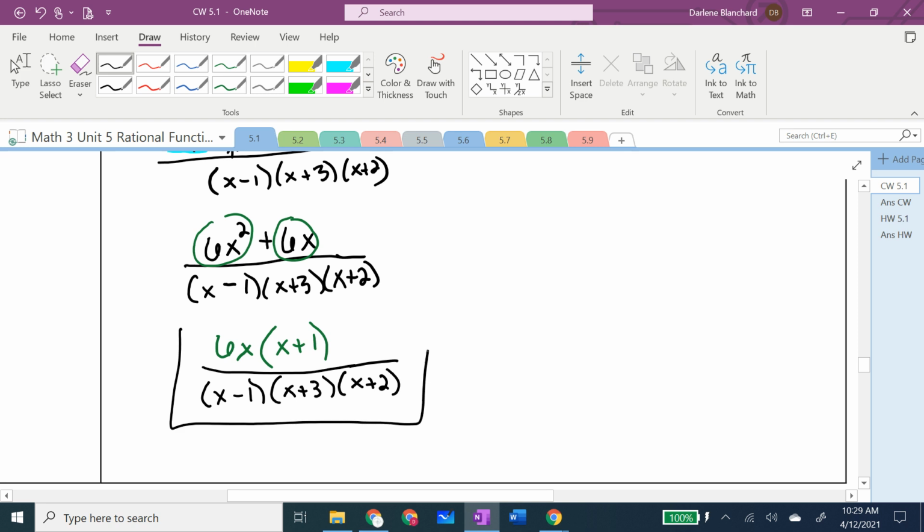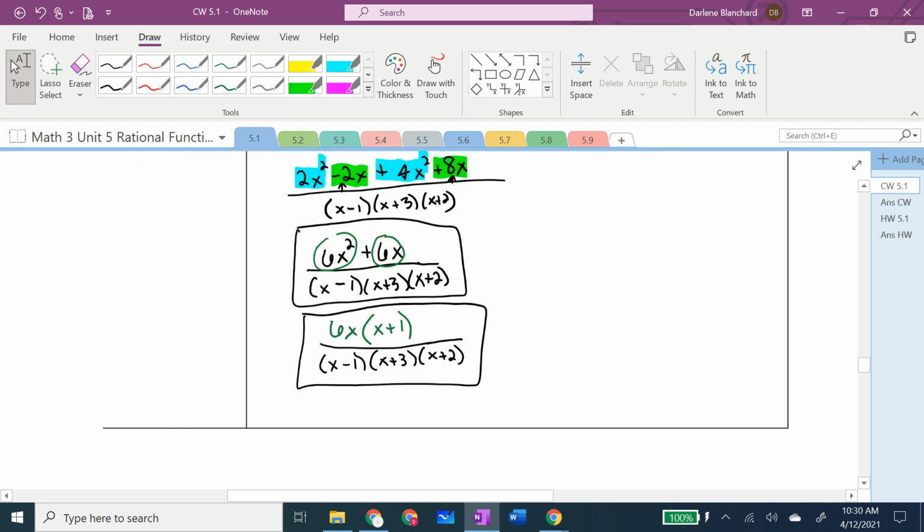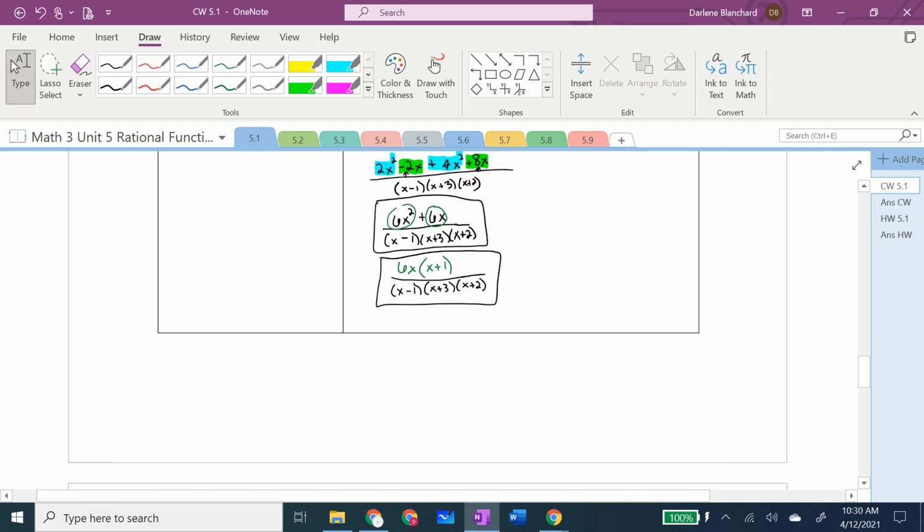That means this is a correct answer, but it also means I will accept this as simplified as well. Both of those are perfectly good, legitimate answers. The only reason that I factored was to check and make sure that I didn't end up with something that would end up canceling. Okay, woo, that was fun.